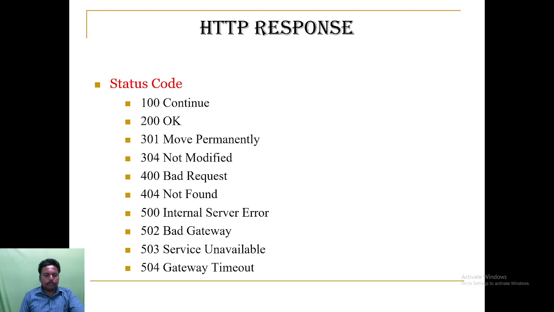Maybe the packets being sent from the client or server are missing; at that time 400 bad request is returned. 500 is internal server error, 502 is bad gateway, 503 is service unavailable, 504 is gateway timeout.